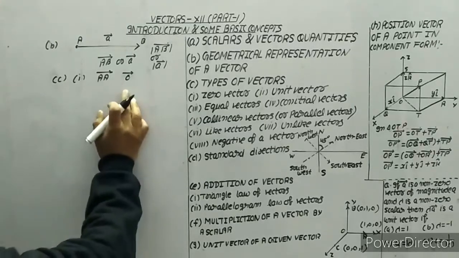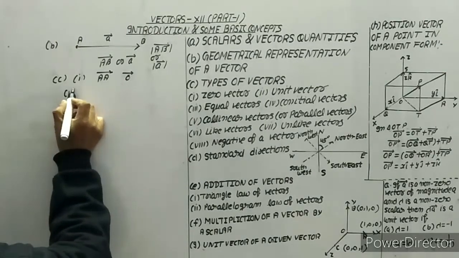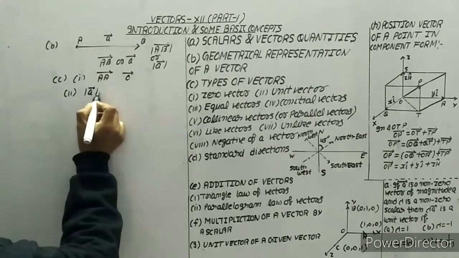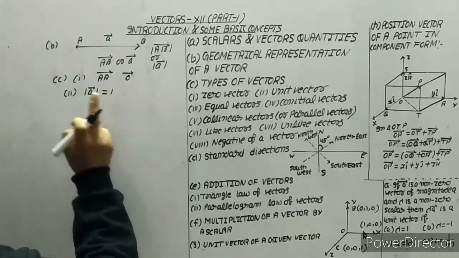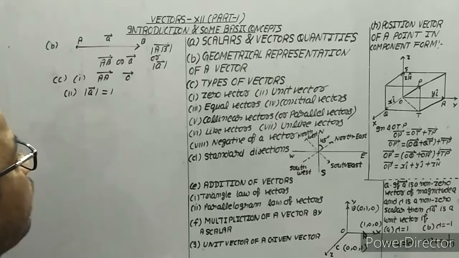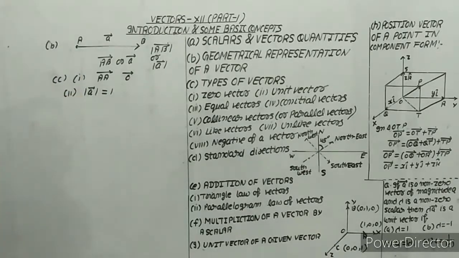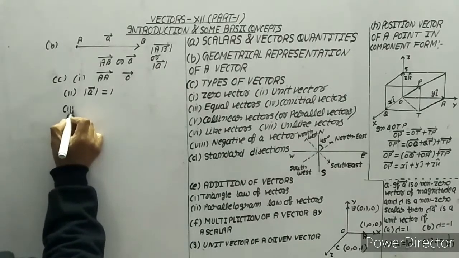Now another is unit vector. For this vector A, if it has magnitude equal to 1, then we will say that this vector A is a unit vector. It means for a unit vector the magnitude should be equal to 1. Now equal vectors.